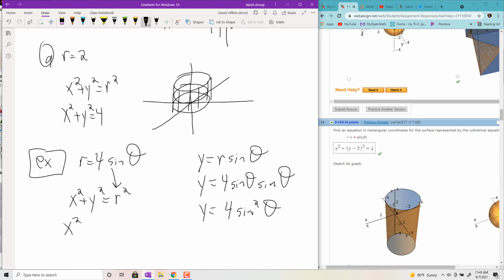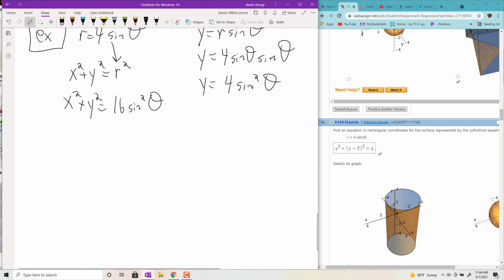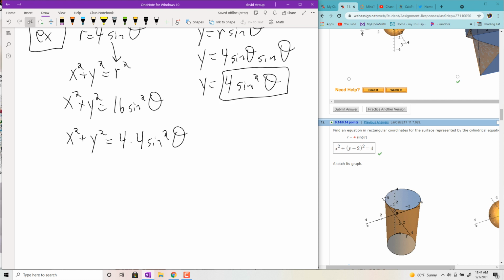So I have x squared plus y squared equals 16 sine squared theta. That 16 sine squared theta is an awful lot like 4 sine squared theta. So if you write x squared plus y squared equals 4 times 4 sine squared theta, you've not changed anything, but you can do a substitution, because y is equal to this 4 sine squared theta.